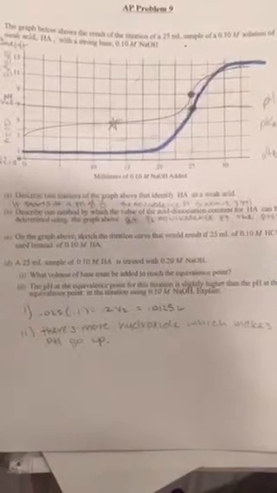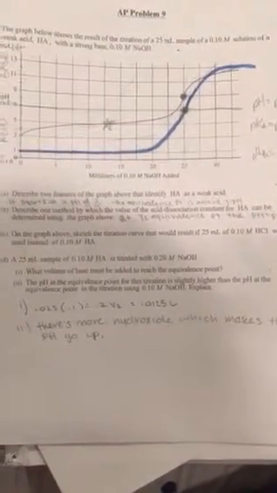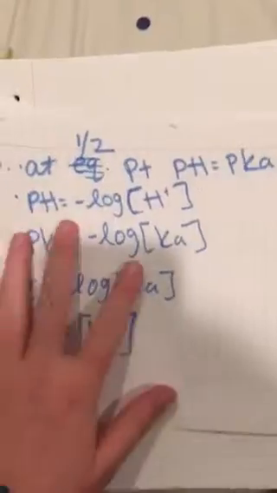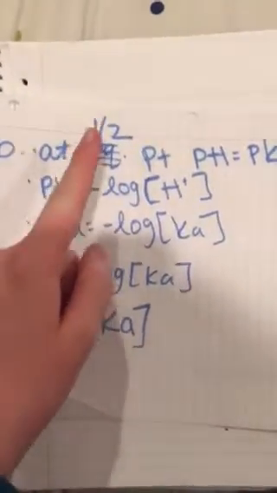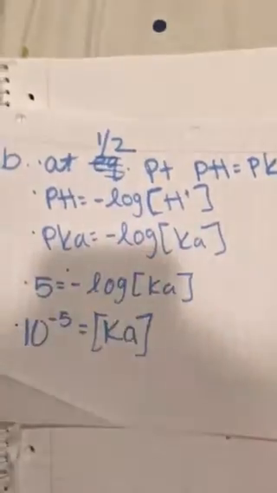Alright, so let's look at part B. Part B asks, describe one method by which the value of the acid dissociation constant for HA can be determined using the graph above. One way to do it is to look at the halfway point, not the equivalence point, which I initially wrote, which is wrong. That's not the same.